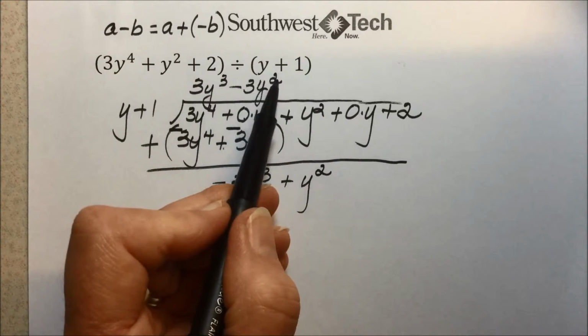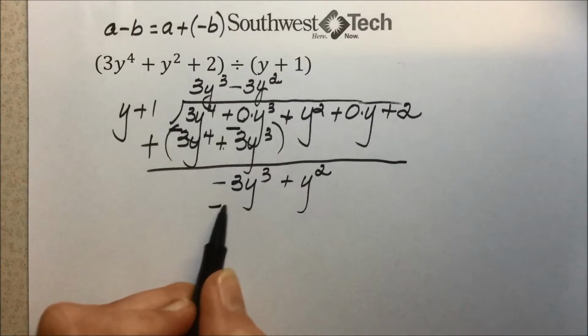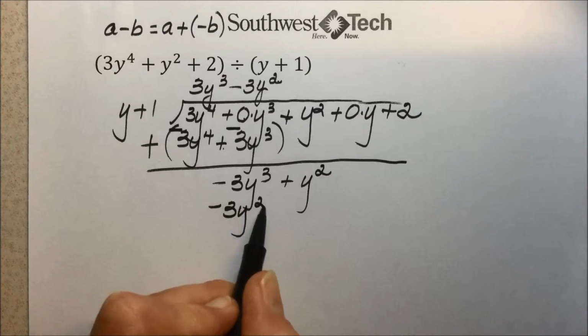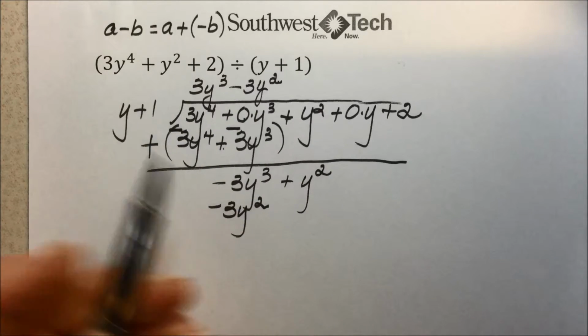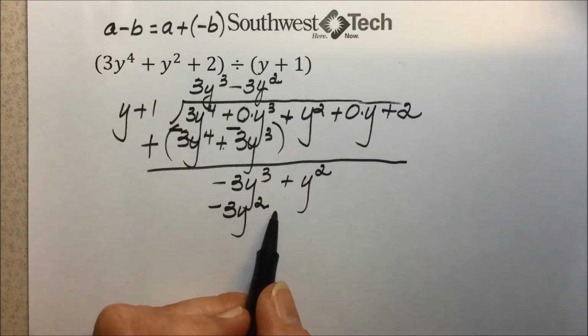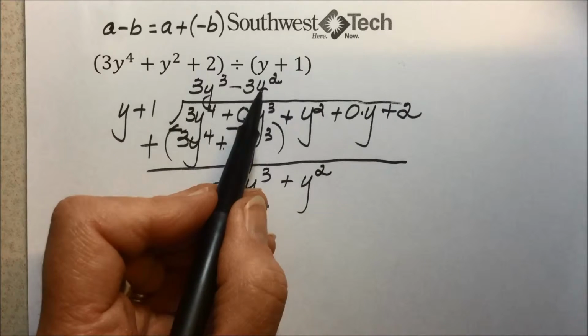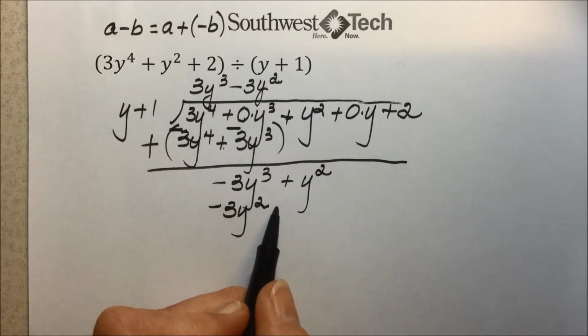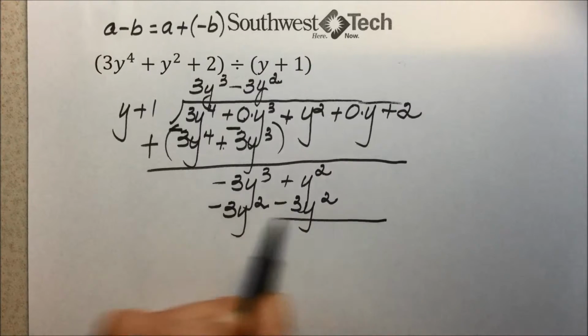Negative 3y squared times y, distributing that, gives us negative 3y to the third. Negative 3y squared times 1, distributively multiplying each term of our divisor by this multiple up here, gives us a negative 3y to the second.